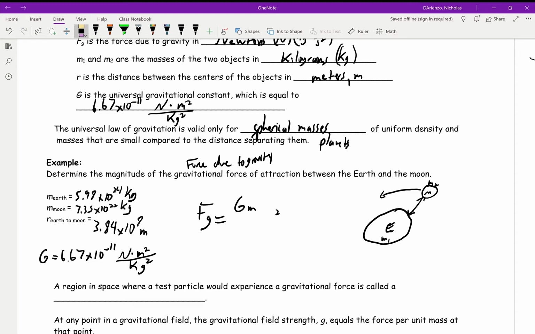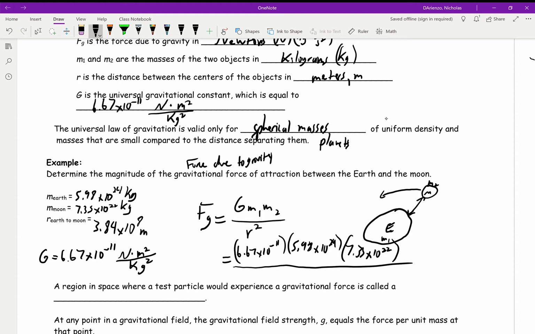It should be m1, m1 times m2 over the distance between those two squared. So this comes out to 6.67 times 10 to the minus 11th. There's a whole lot of numbers in here. 5.98 times 10 to the 24th. I'm going to forego my units for now so I can make sure I can fit all this in here. Times 10 to the 22nd.